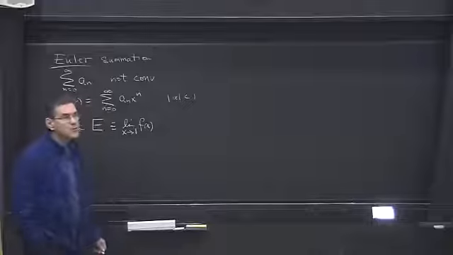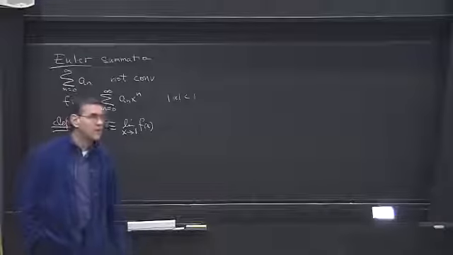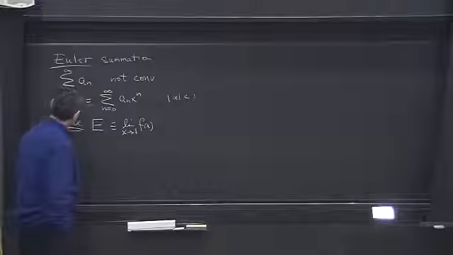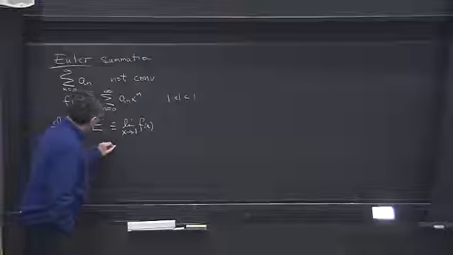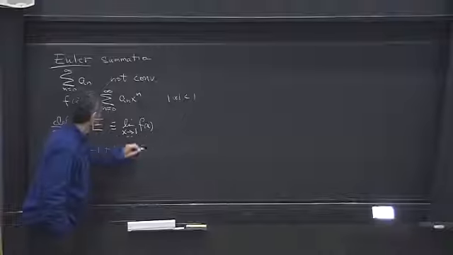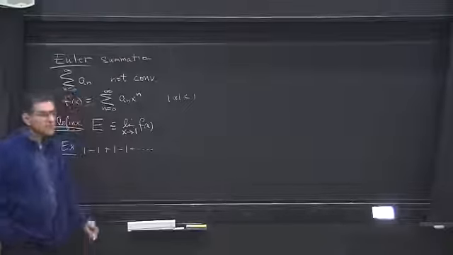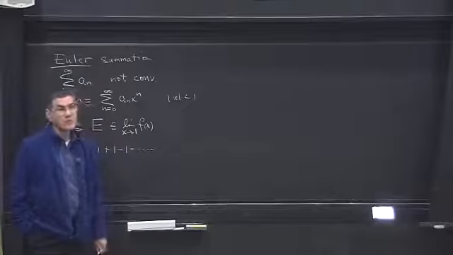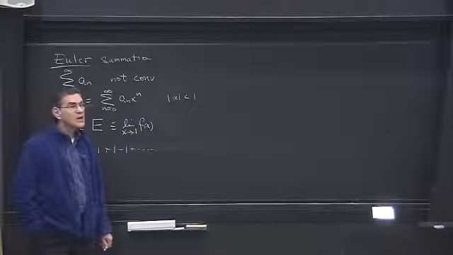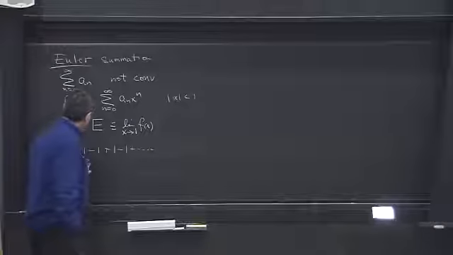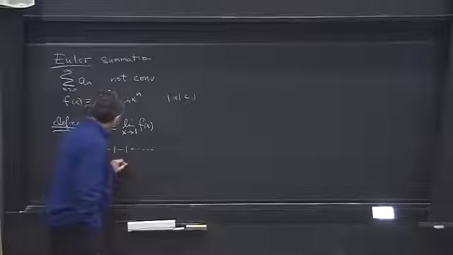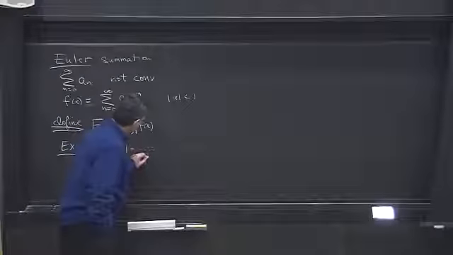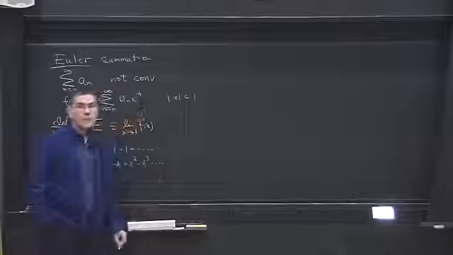Let's take the simplest divergent series we can think of. Consider the series 1 minus 1 plus 1 minus 1 plus 1, like that. This is a divergent series. Mr. Euler says, let's construct a function f of x which is equal to 1 minus x plus x squared minus x cubed, and so on.